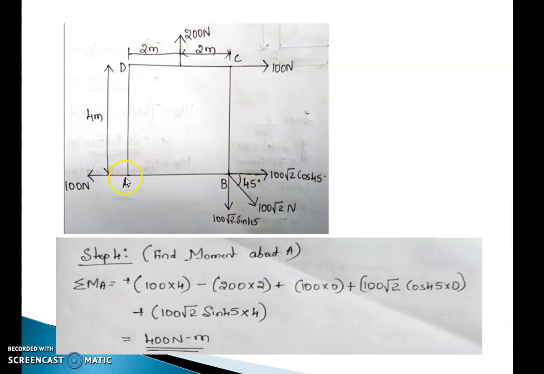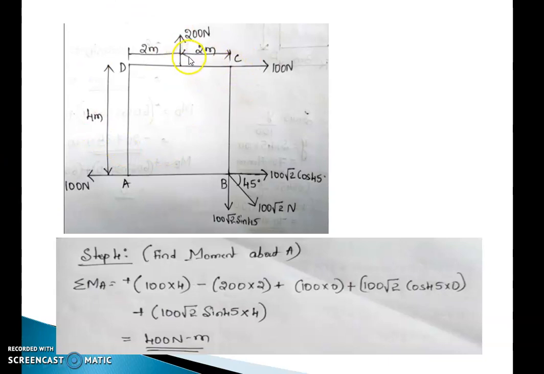So fix a point at A, and apply a force in this direction. It is going to rotate in clockwise direction. So clockwise moments are plus, 100 into 4, entire answer will be plus. Coming to the second force, 200 Newton acting in a pure vertical upward direction.